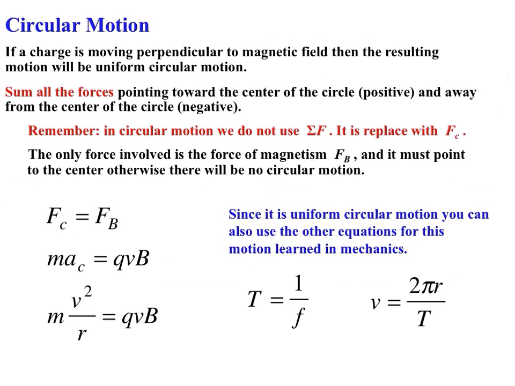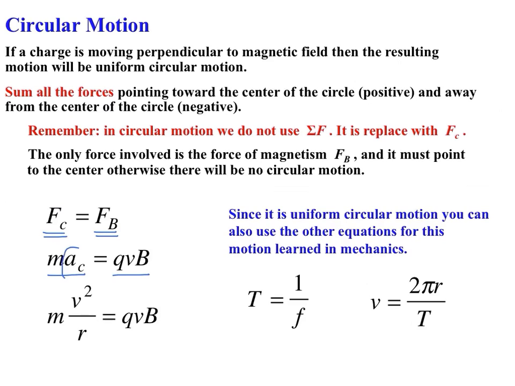Now we said that it was going to cause circular motion. So what that means is if my force is perpendicular to my tangential speed, or my speed in this situation, then my magnetic force is going to be a centripetal force, meaning that we can set these equations equal to each other.